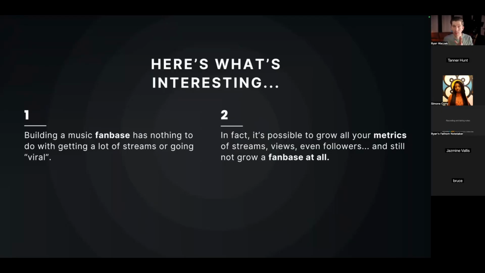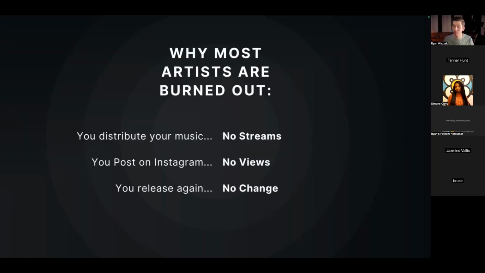And you see, there's a difference here, a difference that needs to be understood between chasing the actions people take, which is like streams and views, versus chasing after and seeking after the person themselves. And not understanding that important difference is why most artists get stuck, because they keep going after the action and they wonder why they don't have the people. And then you get stuck to the point of burnout eventually, right? Most artists, they'll get burnt out when they try to start growing.